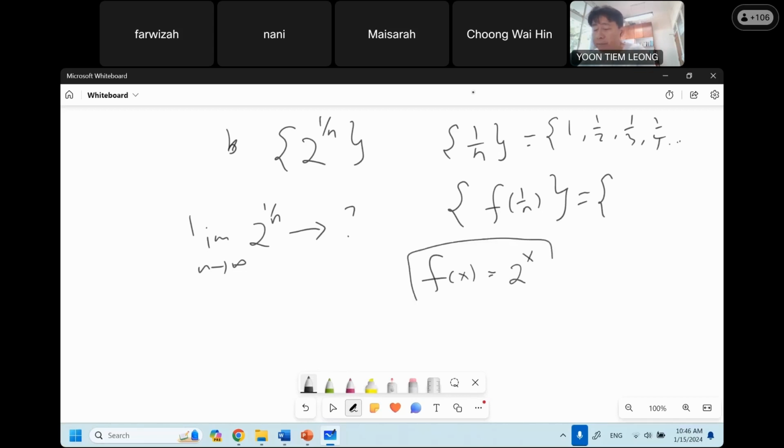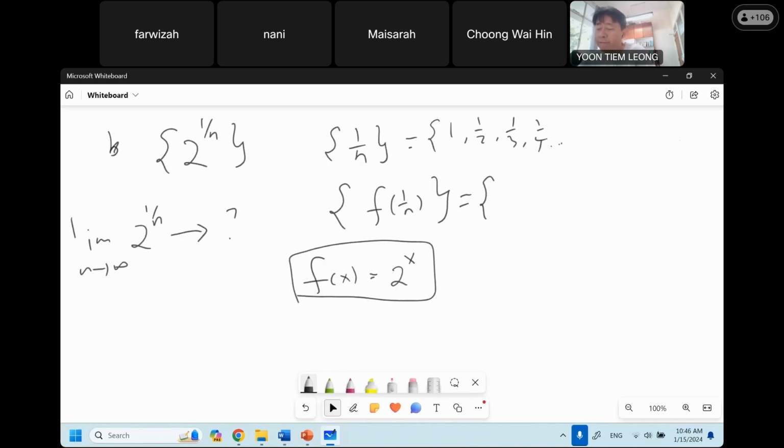So if I define my function f(x) to be 2 raised to the power of x, then f of 1 over n in the sequence will be of the form 2 to the power of 1, 2 to the power of 1 over 2, 2 to the power of 1 over 3, 2 to the power of 1 over 4. Okay? So now we ask this question, what is the limit of the sequence of f of 1 over n?